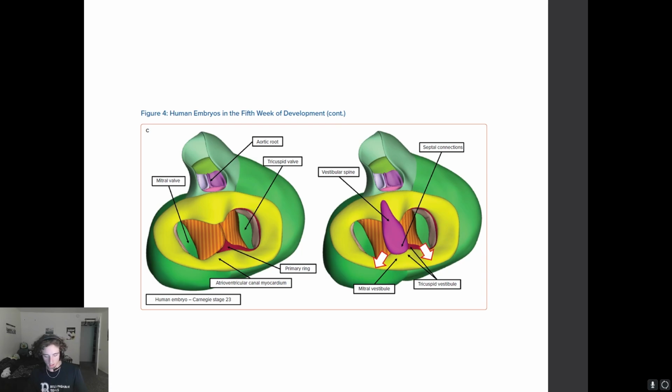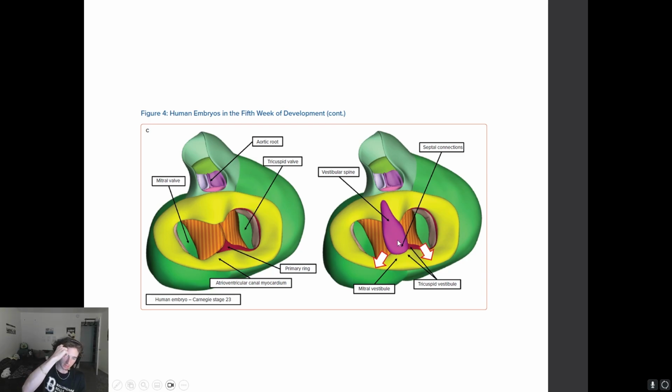And so at the end of development for the heart, week 8, there's going to be a point of penetration of that conduction axis, and this is going to be called the cardiac crux. I don't think it's labeled, but this is essentially the cardiac crux right here, that point of penetration, where the primary ring, as it emerges from the ventricular mass, gets overlain by a vestibular mass and a mesenchymal cap.